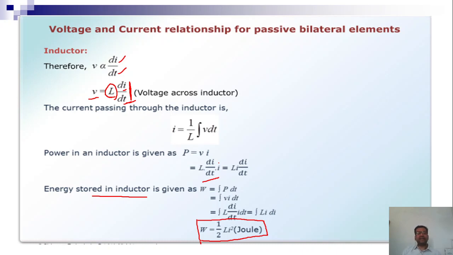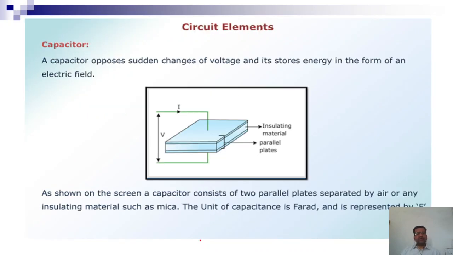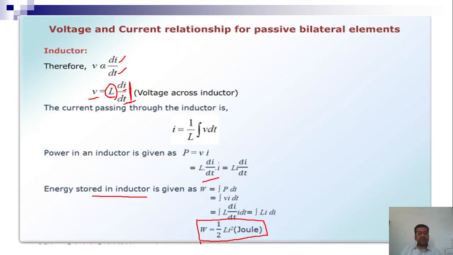So this is the voltage and current relationship of a passive bilateral element. I am calling it a bilateral element because the inductor will allow current to pass in both directions. Coming to the capacitor, the capacitor opposes sudden change of voltage. For the inductor, V is equal to L into di by dt, and dt will never be 0; once it is 0, this becomes infinity. So it will not allow sudden change of current.